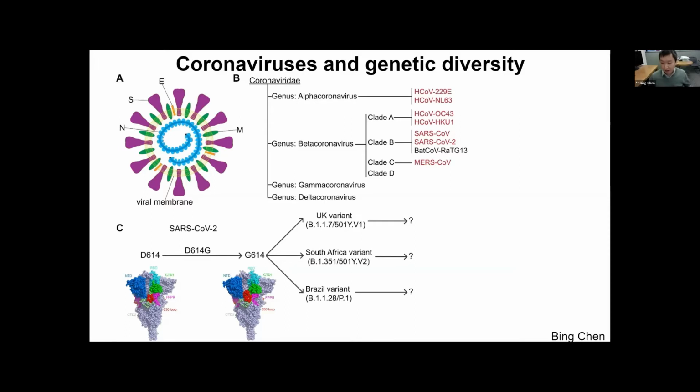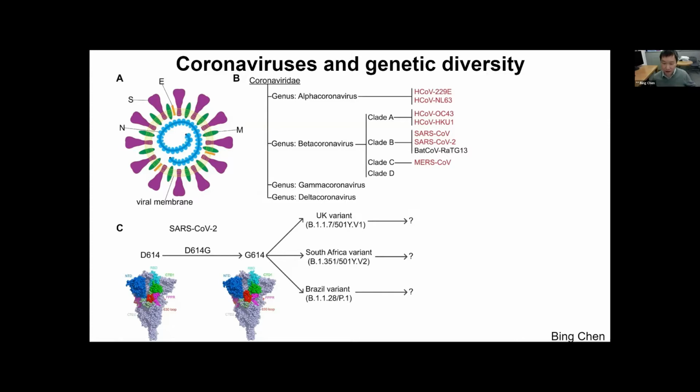Coronavirus evolution is supposed to be slow because of the proofreading capability of its replication machinery. But nonetheless, we have been witnessing new variants popping up in different countries.